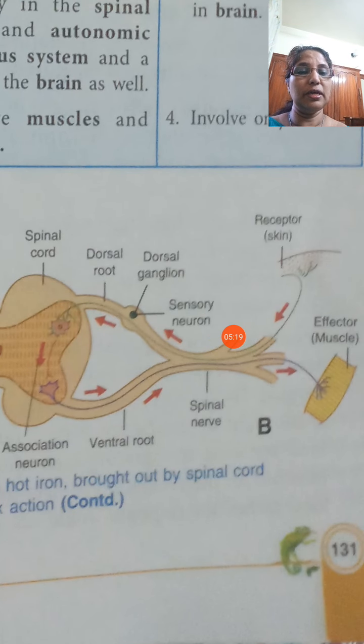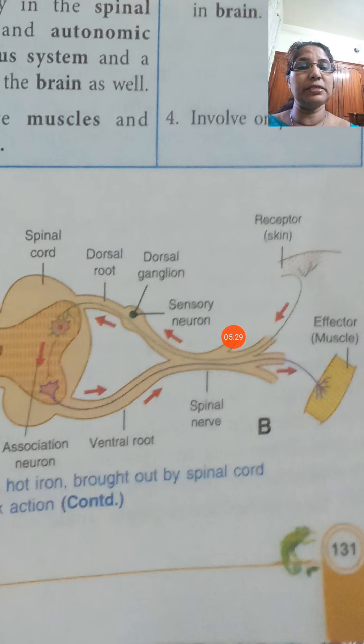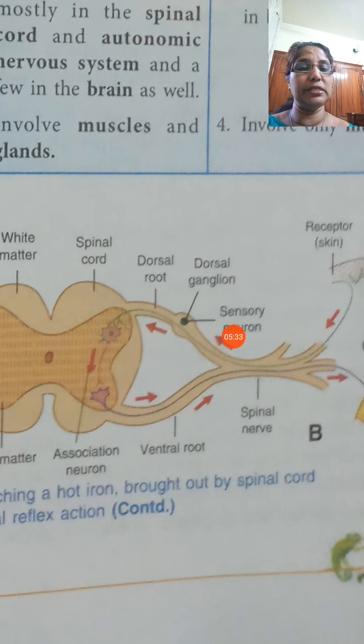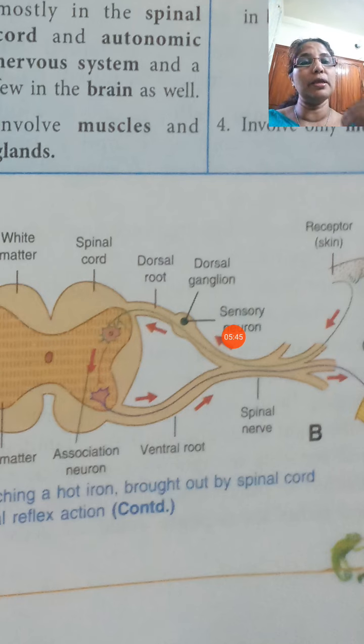Here you can see it is a mixed nerve. In the spinal nerve, sensory and motor nerves are going through the same nerve, but at the time when it enters the spinal cord, we can see the sensory nerve enters through the dorsal root region. You can see a dorsal root. The sensory nerve separates at a junction, then enters into the spinal cord through the dorsal root. Dorsal root means the dorsal region of the body.